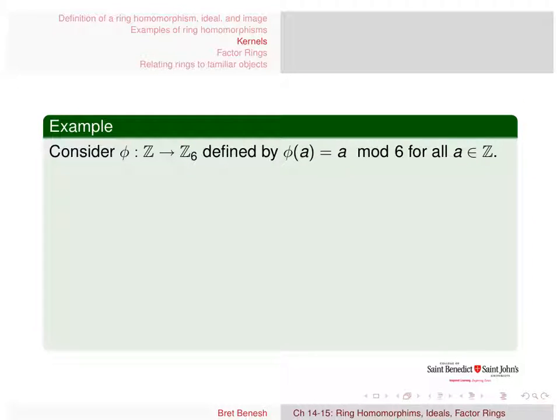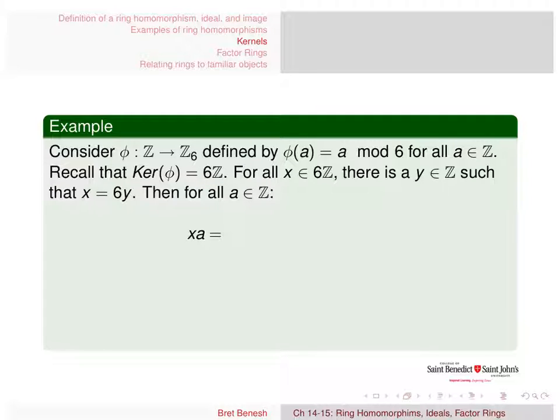Let's look at some examples. Here we have a ring homomorphism. We've seen that it's already a homomorphism in the previous video. And the kernel was all multiples of 6. This is an ideal. It's a subring, and it's easy to check that.